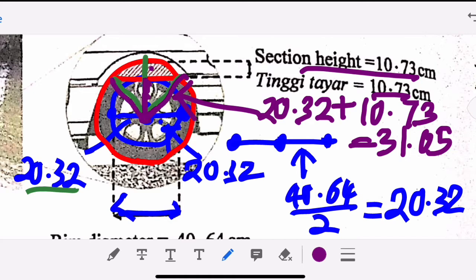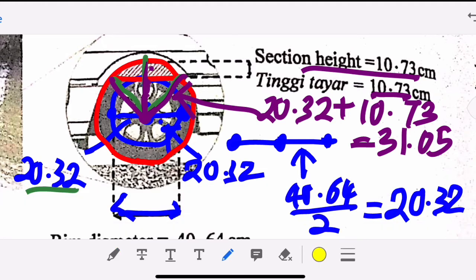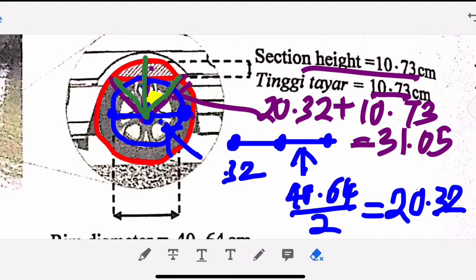Now we need to find the angle, because if you want to find the perimeter, you must work out the angle. This is the angle that we need to find. So let's sketch out the triangle.